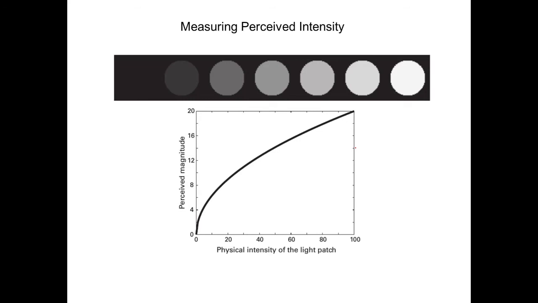As we mentioned in the last class, Stevens' law uses magnitude estimation. To remind you, the experimental task is to ask the subjects to give a number compared to a reference intensity.